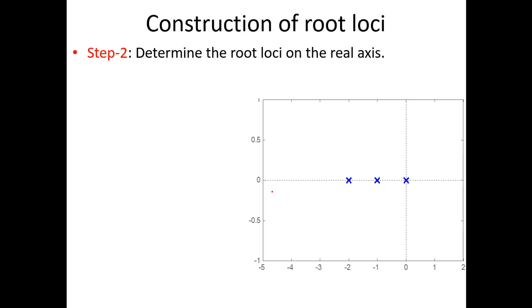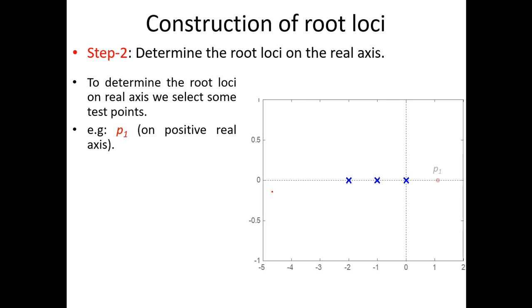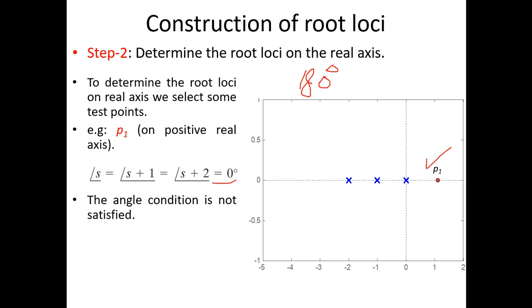The second step is to find whether these points are on the root locus or not. So this P1 was not on the root locus because it does not satisfy the equation for the angle criteria, that the sum of the angles should be equal to an odd multiple of 180 degrees. It was not on it because the sum turns out to be 0.